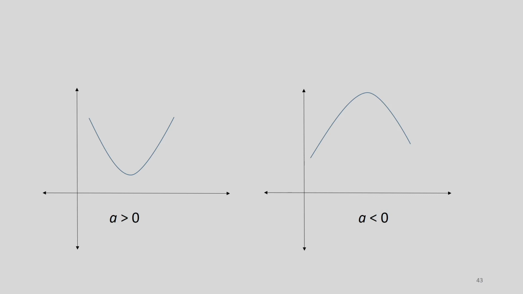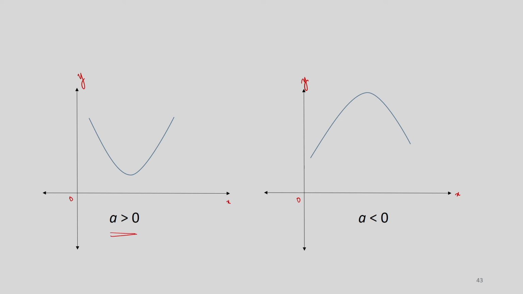Okay, here are the shapes of two arbitrary quadratic functions. Let me just write the axis. In the first case, where you have roughly a U-shaped quadratic function, you need the coefficient of x square to be positive.